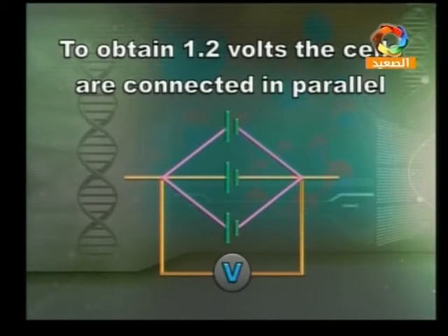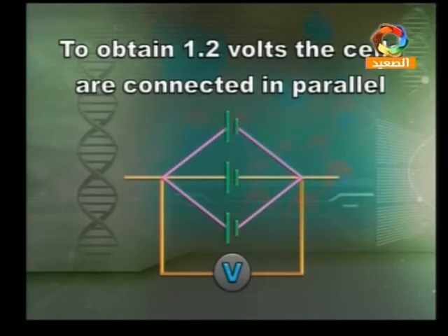Battery means many cells connected to each other. In this part, we have the positive poles connected to each other to make one positive pole, and the other to make one negative pole. So the voltmeter measures the EMF of the whole battery as one battery or one cell.